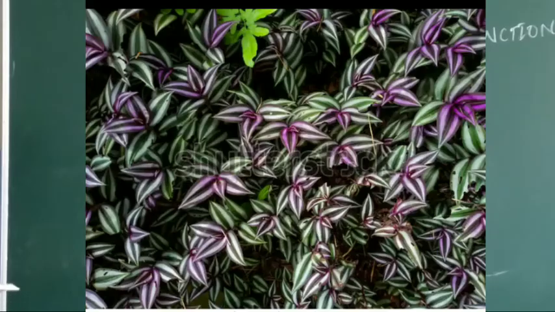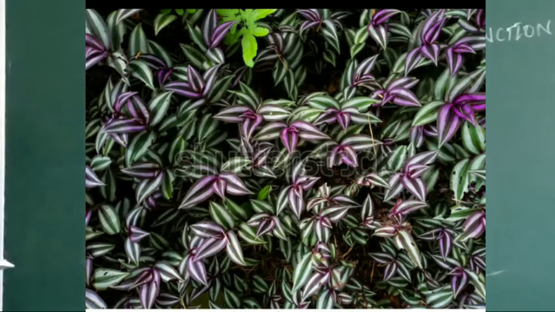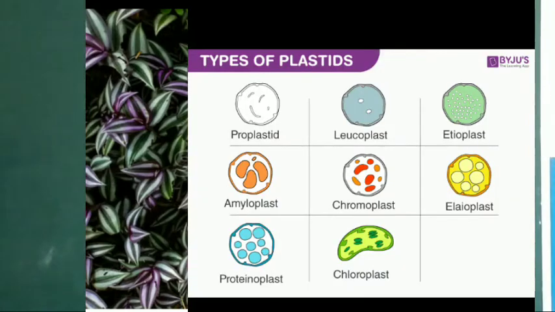Now you might have noticed several small colored bodies in the cytoplasm of the cell of a Tradescantia leaf. You can see the Tradescantia leaf on the board. These bodies have different colors. These are called plastids.